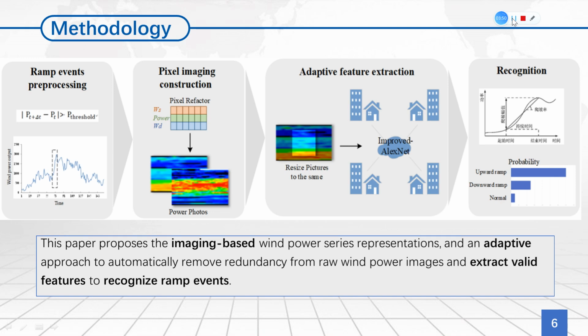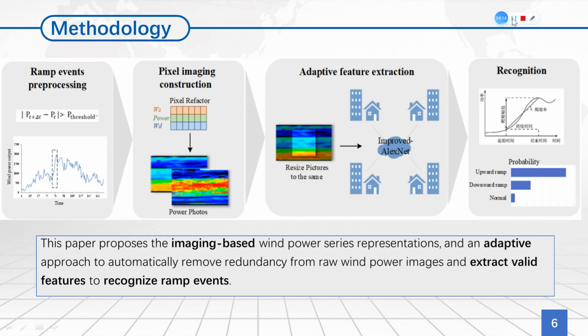To address the above issues, our paper proposed imaging-based wind power representations and an adapted approach to automatically remove redundancy from raw wind power images and extract valid features to recognize ramp events.